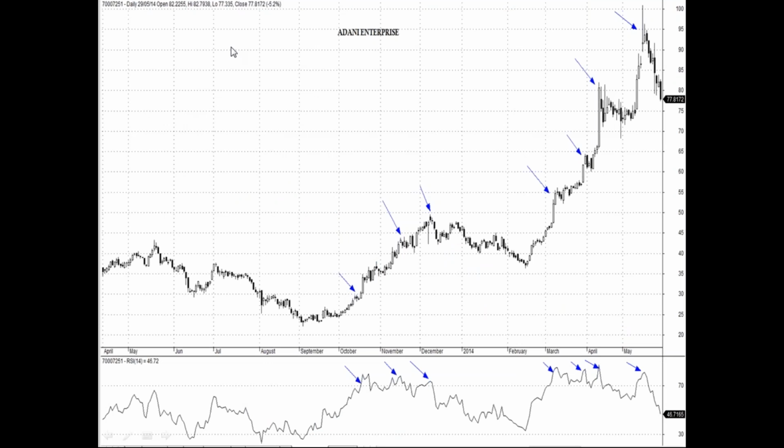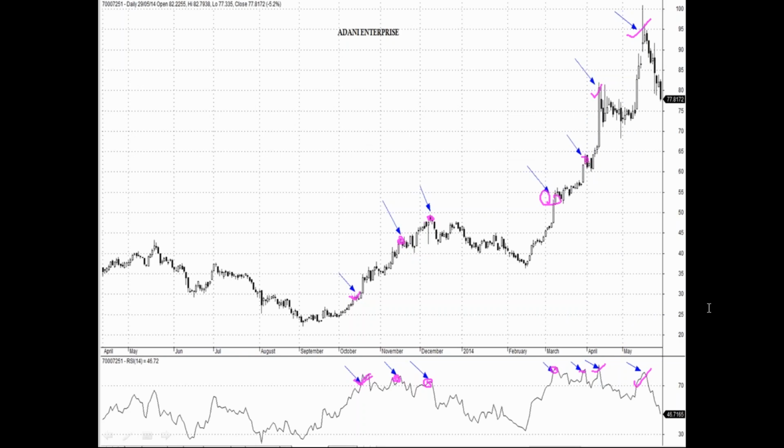Next slide. See, this is Adani Enterprises, and the prices moved into the overbought zone here and then moved higher. Again it moved into the overbought zone here, and again the price moved higher. Overbought zone, higher high. Overbought, higher high.